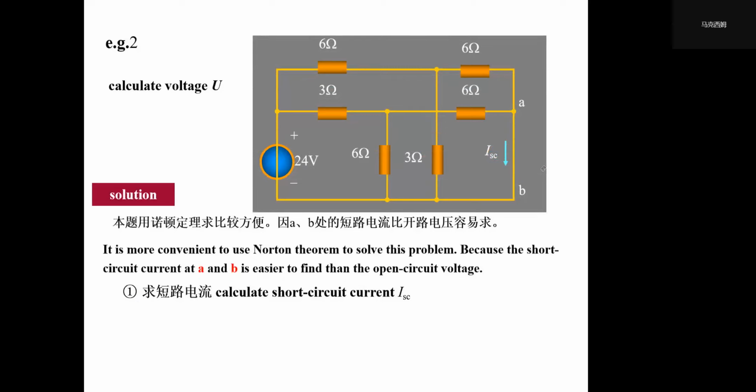So we would like to calculate the corresponding ISC. Since we only have one source here, we would like to get straight the relationship between each and every resistor.